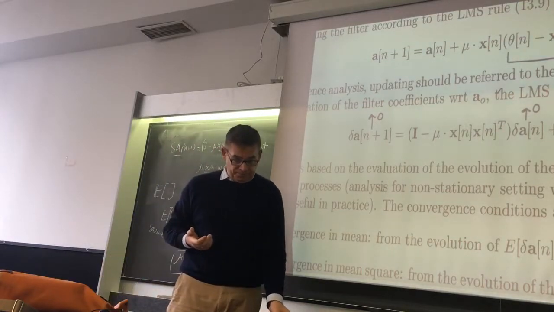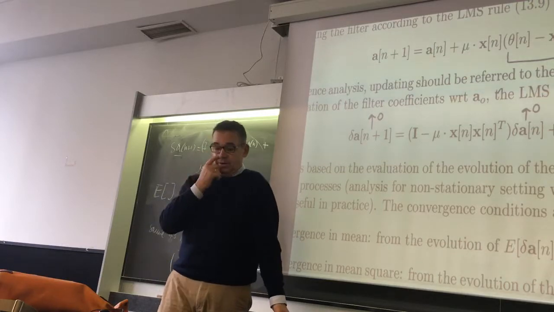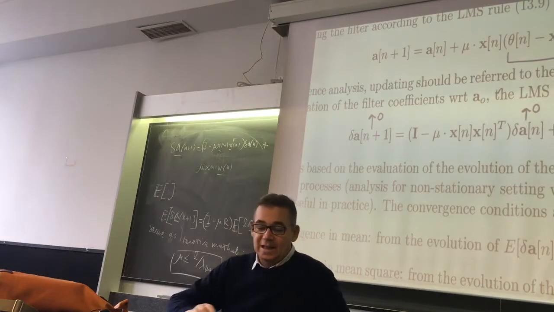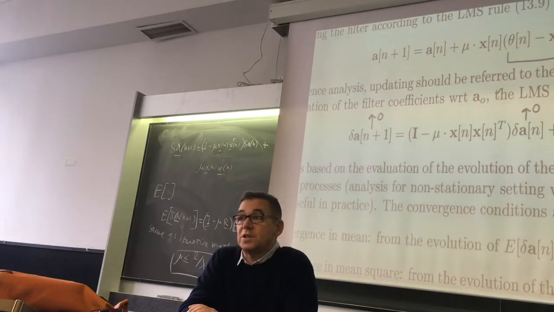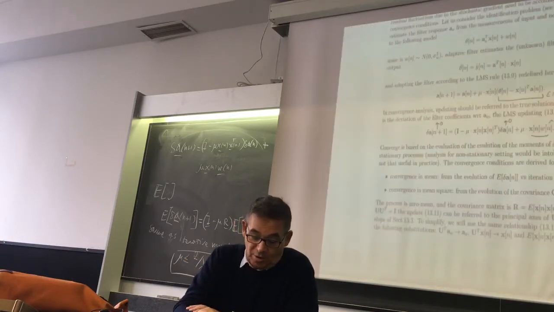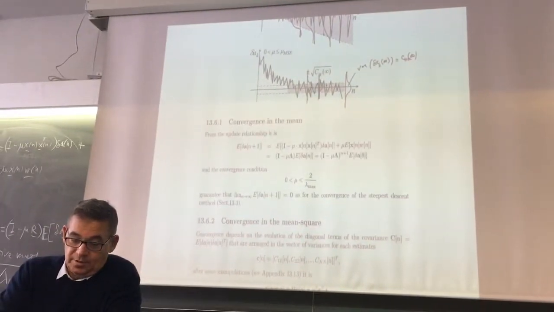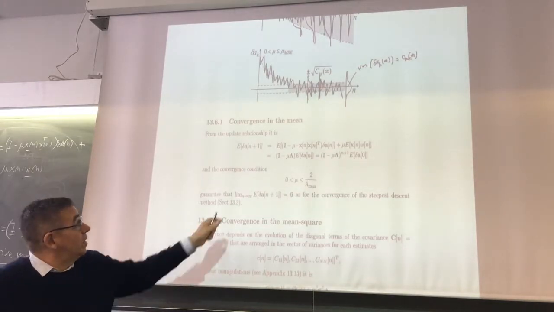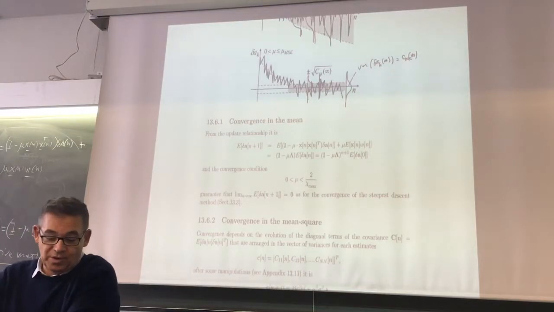But even so, I need to give the opportunity to those of you who like to go deeper into the analytics to see the rationale. So let me comment on that. This is what I was mentioning, the convergence to the mean. Now, how to make it for the convergence to the mean square?